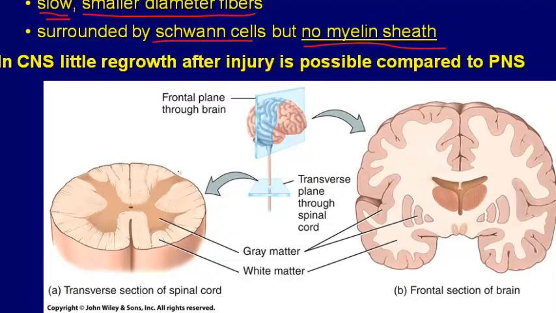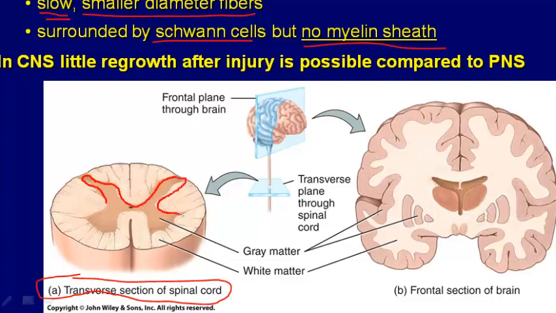Now, in the CNS, we can see here, panel A is a transverse section through the spinal cord. If we cut right through the spinal cord, we could see that there is gray matter, which forms kind of an H shape on the inside of the spinal cord. So this is all gray matter, unmyelinated axons, whereas surrounding the gray matter is white matter.